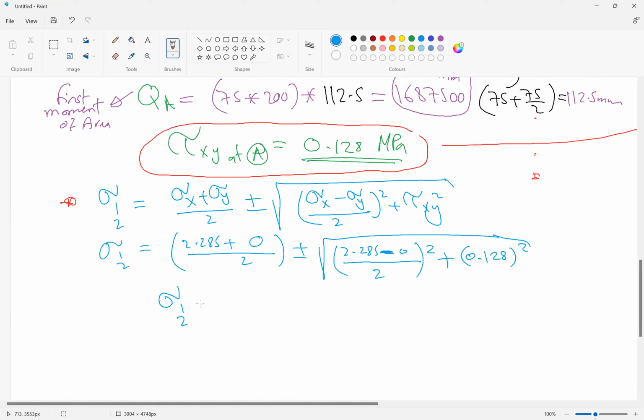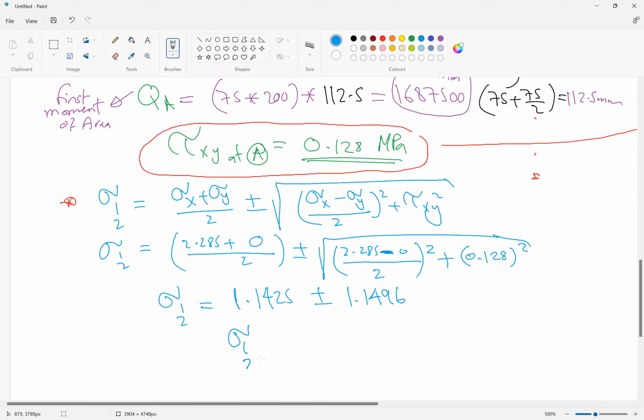So we will have sigma 1, 2 equal to 2.285 over 2, which is 1.1425, plus or minus the root of 2.285 over 2 all squared plus 0.128 squared, which is 1.1496.